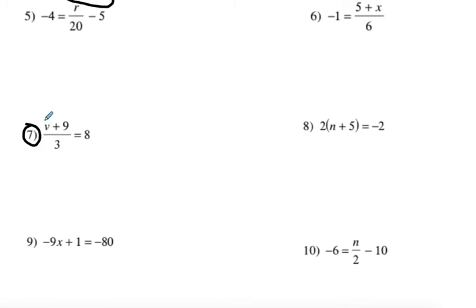This one's different because that division bar is longer. It's v plus 9 divided by 3. So really there's kind of 2 sets of division bars in my head. Anytime you have a fraction, the top is its own piece and the bottom is its own piece. So really we're looking at v plus 9 divided by 3.